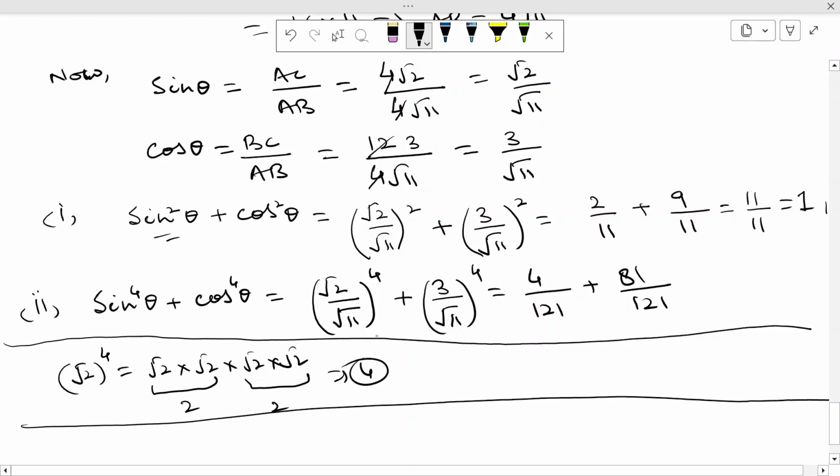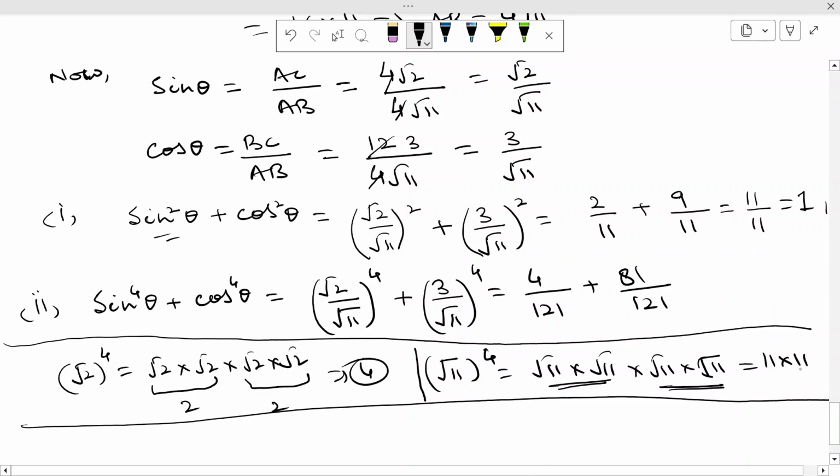Similarly, root 11 to the power 4 is root 11 multiplied by itself 4 times. Root 11 into root 11 becomes 11, and similarly the other root 11 into root 11 becomes 11, so this is coming out as 121.